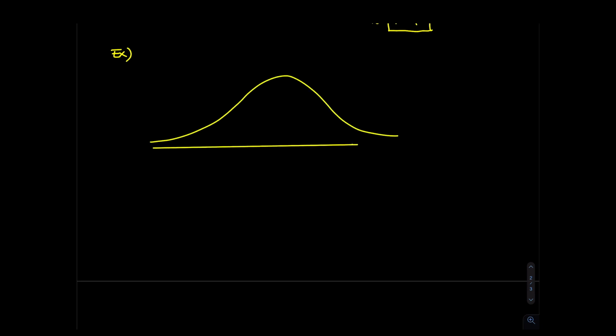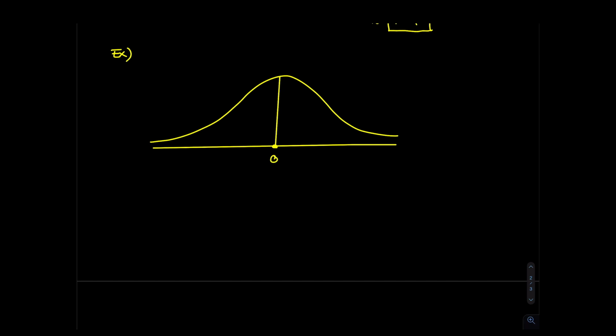So say I have given you the following normal distribution. So looking at another example. So let's say I've given you the bottom of the normal distribution. It's a standard normal distribution, which means the center is 0.